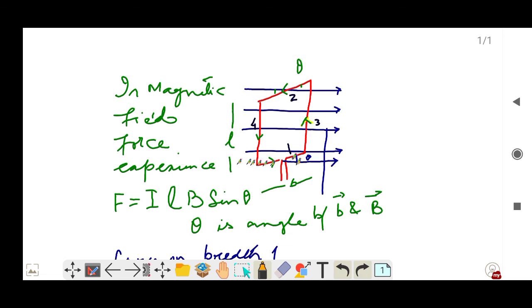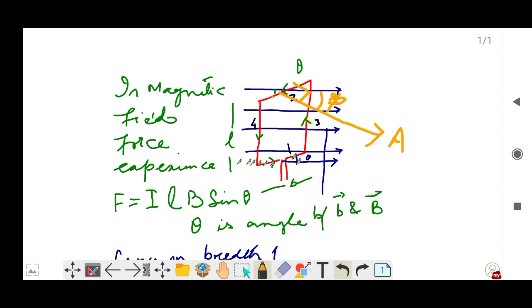So area will be something like this. This is the area vector, and this total angle will be 90. So this angle is equal to theta plus phi; I'll call this angle phi.